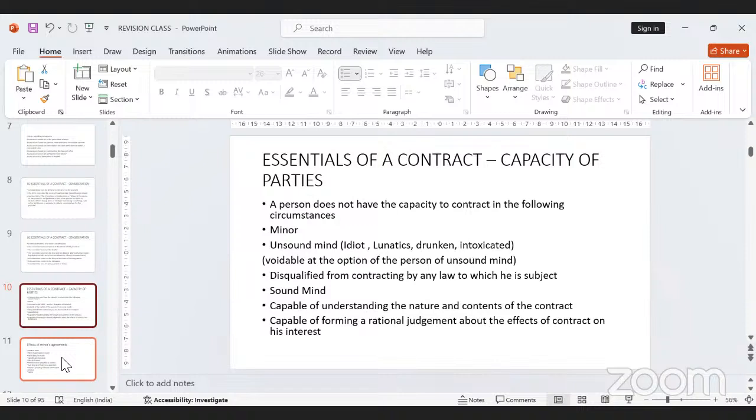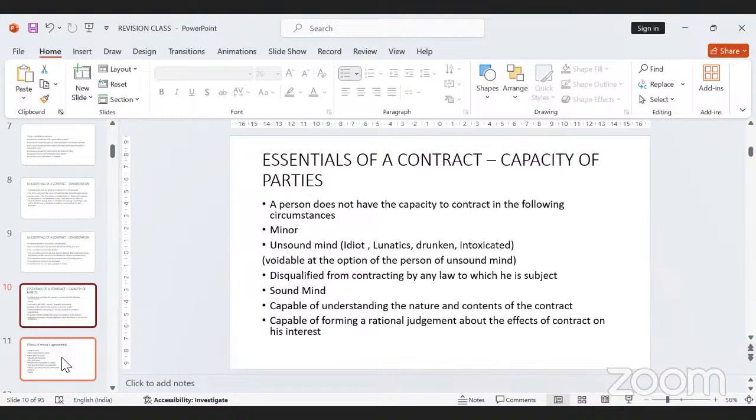So there could be a person who might be all right at one point of time, but at other times, because of some mental health disorders, might be in a state where that person is not in a state to understand anything. So such kind of a person is a lunatic person. So what does law say when it comes to idiots, lunatics, and drunken and intoxicated people?